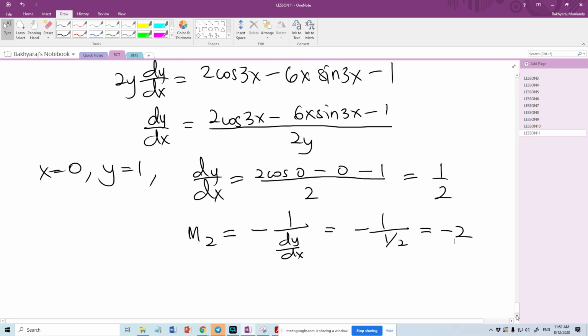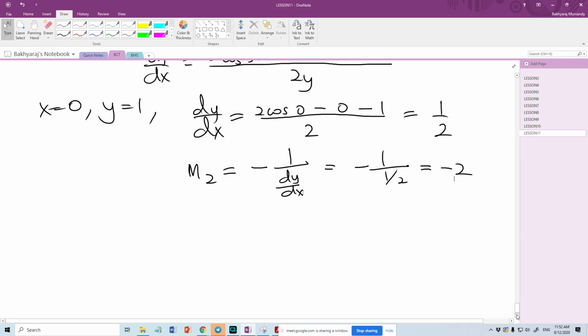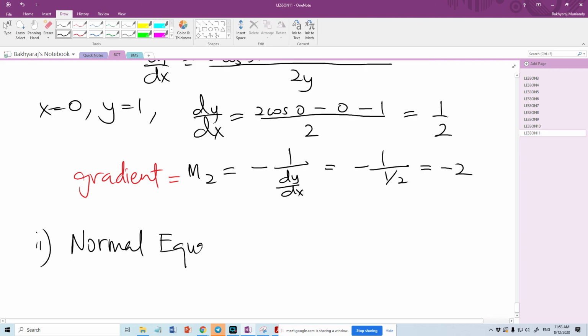Okay, so we already have the gradient. Our gradient is negative 2. Since we already have negative 2, for the normal equation just follow the rules. You can put the value inside the formula.